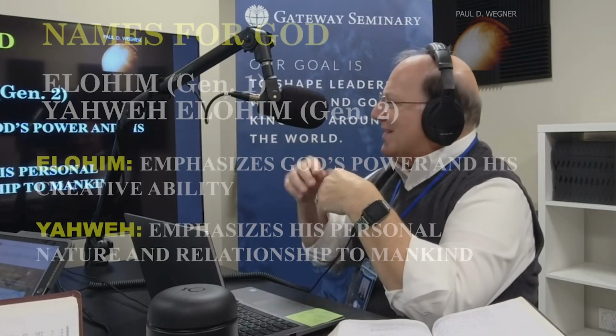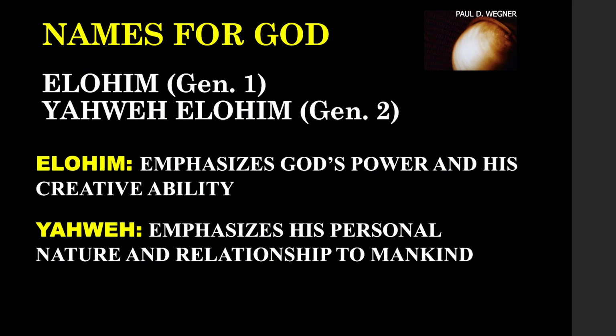But what was interesting is in chapter 1, it's centering on God's power and doing the creation. And so the word Elohim is used to center on his sovereignty, his power, his creative ability. But then chapter 2 brings in the name Yahweh, which seems to emphasize more his relational nature and his personal nature.